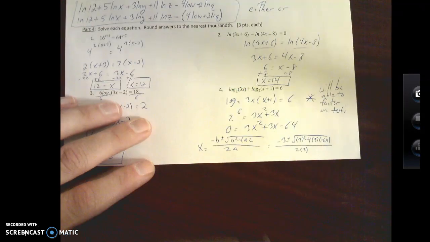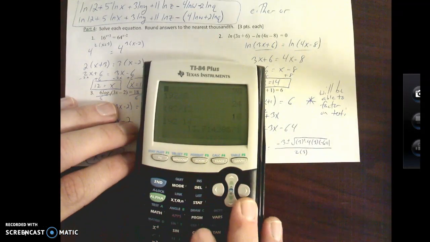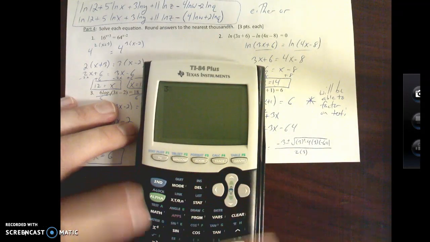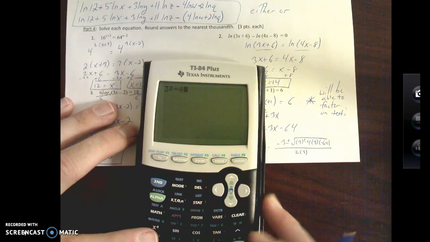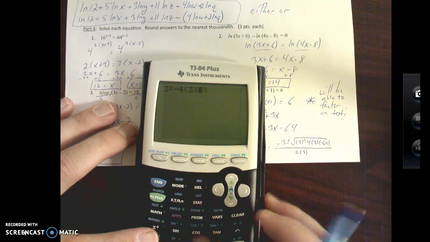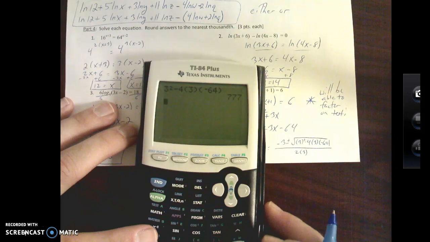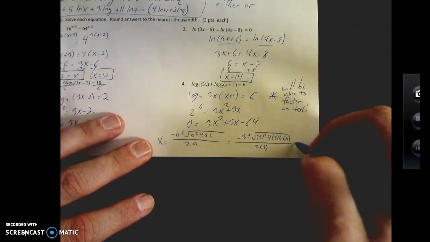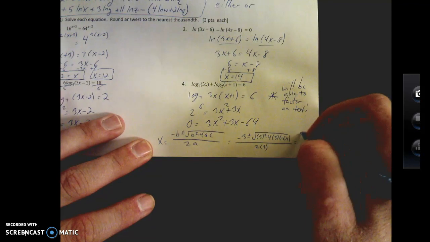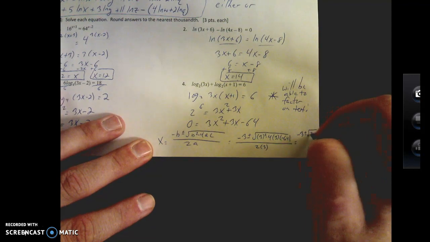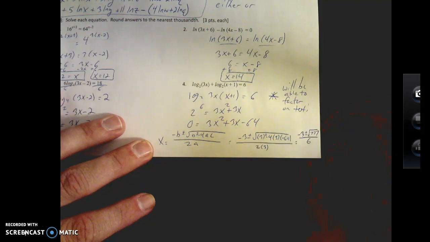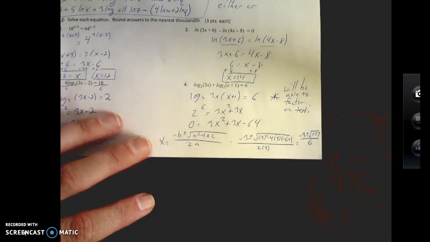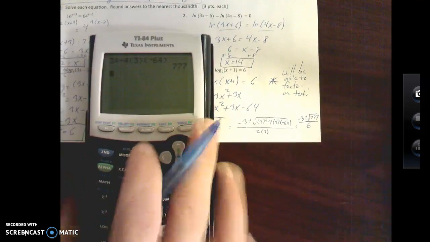Okay, now under my square root, my discriminant, we're looking at 3 squared minus 4 times 3 times -64. That's 777. So, -3 plus or minus square root of 777 over 6. Alright, now, here's what I need you guys to take into consideration. Again, you will have ones that are factorable, so you can get two nice numbers.